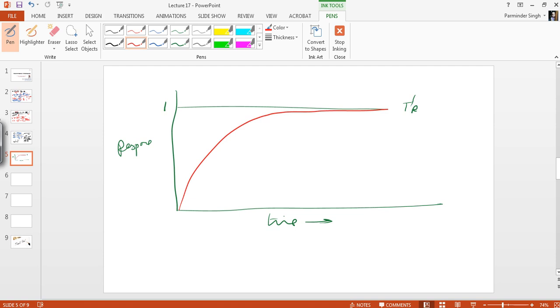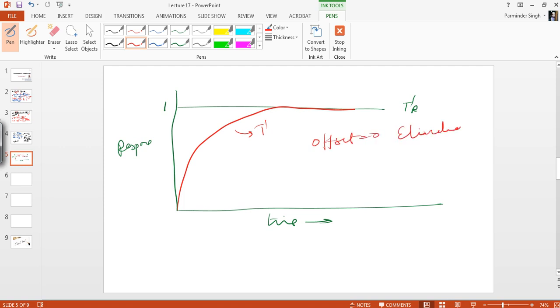So that means it's fine. Okay, because we're showing a big difference, let me try to plot it again. So that is your T dash. So you clearly see the offset is 0, it's eliminated.